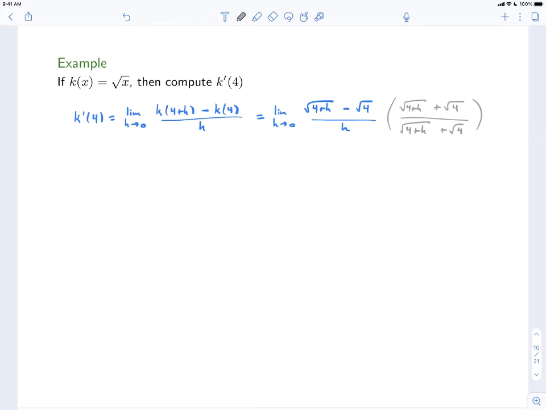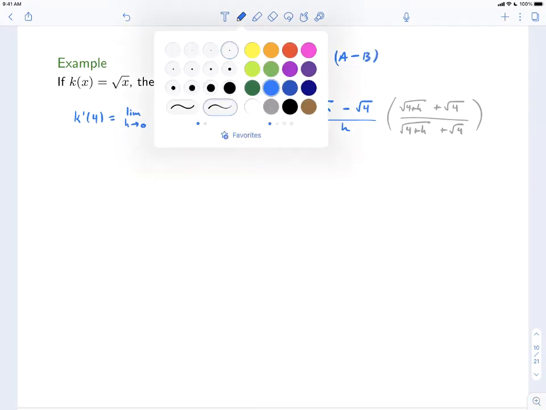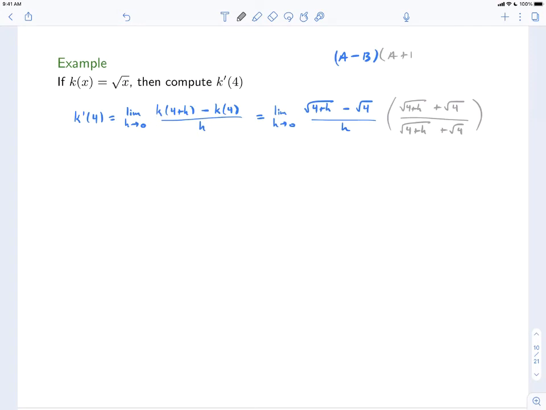So you have an a minus b, and we want to multiply that by a plus b. And the result will be a squared minus b squared. So in other words, you're going to end up getting rid of all of these radicals in the numerator. You'll pick up some radicals in the denominator, but that's fine because h is going to 0, and in the denominator, this term that you're adding in does not go to 0, so you're not adding in any problem areas.